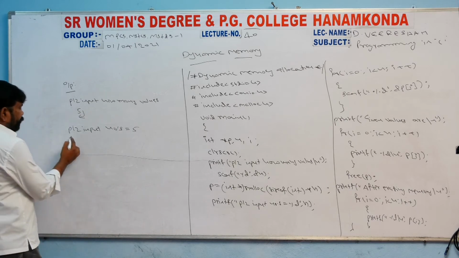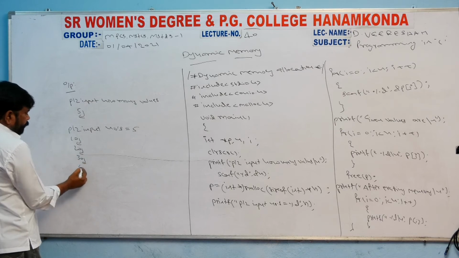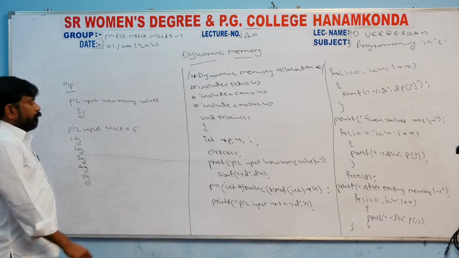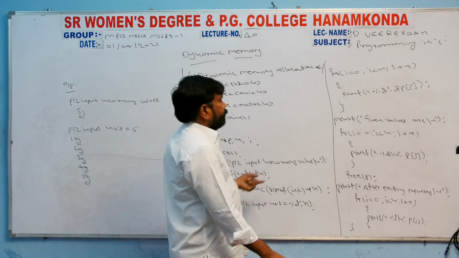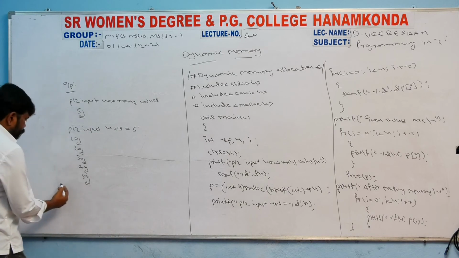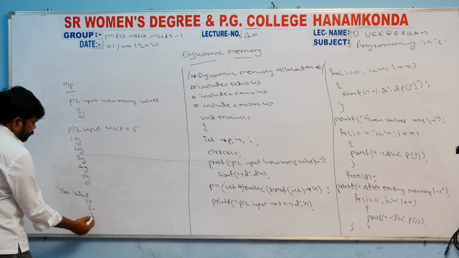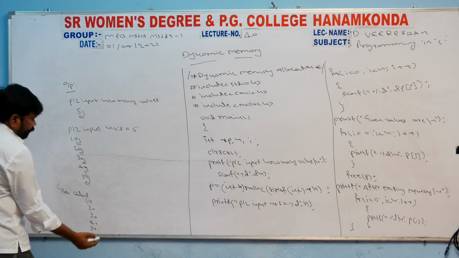Then suppose I am inputting here 10, 20, 30, 40, 50. Now after inputting these values, it will give the output like this, given values, that is 10, 20, 30, 40, 50.